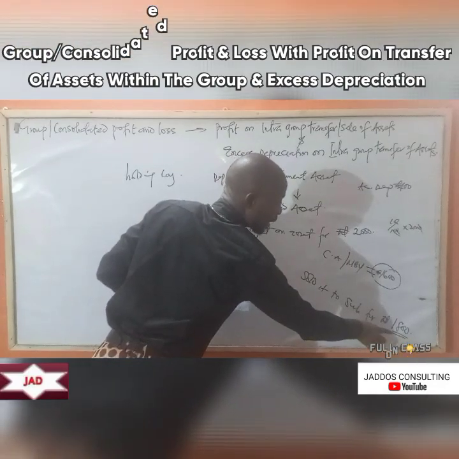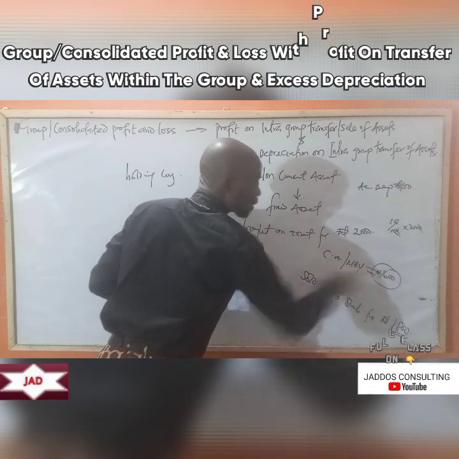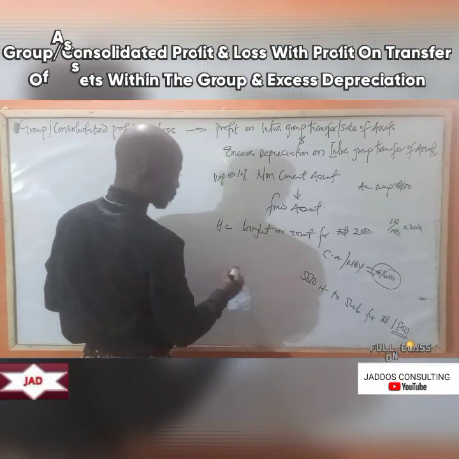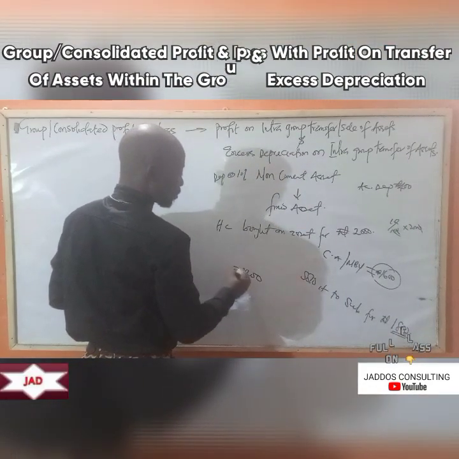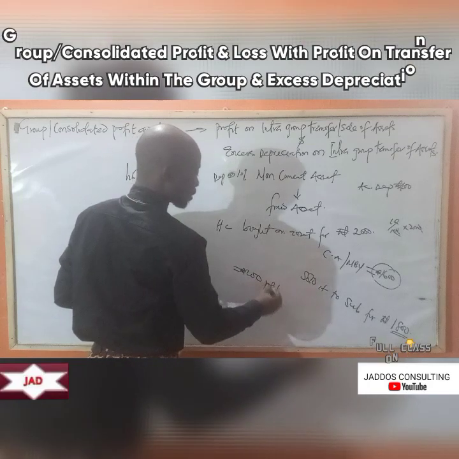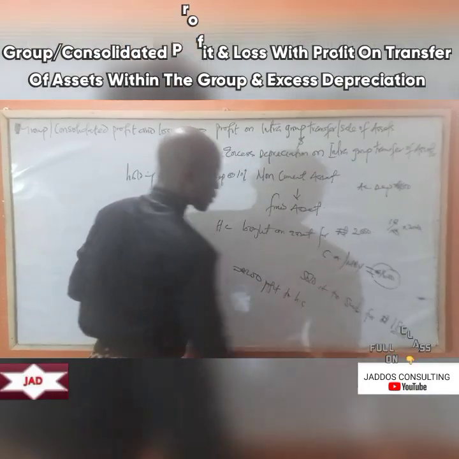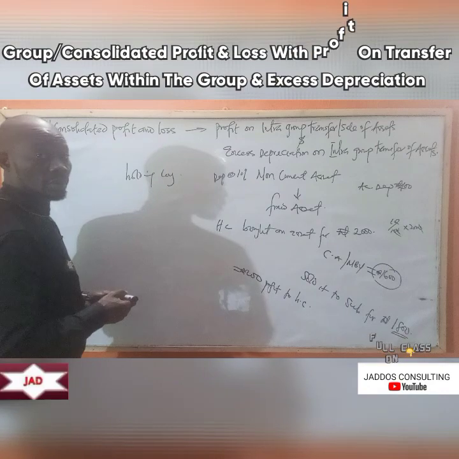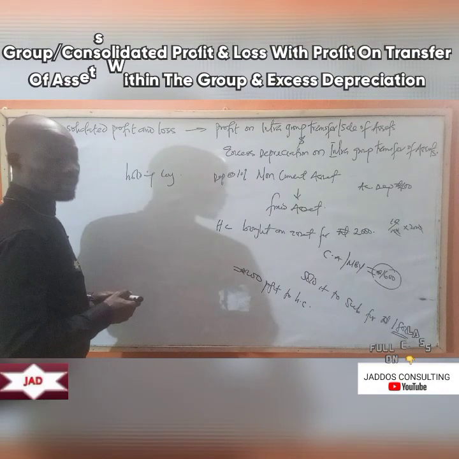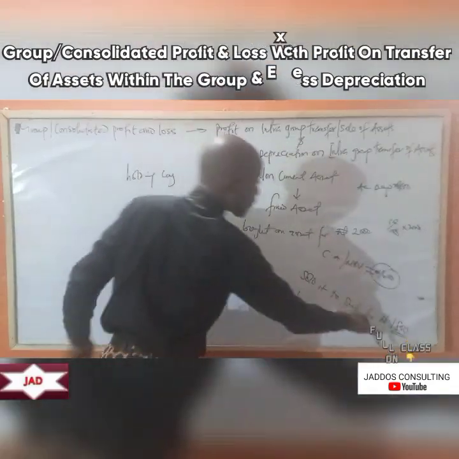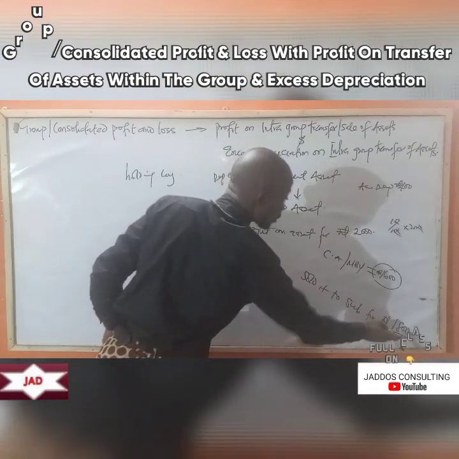So 1,800 minus 1,600 is 200 naira profit to the holding company.